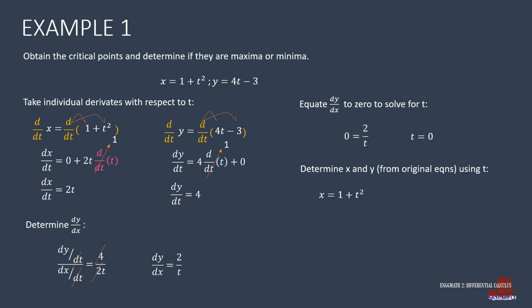So taking x as 1 plus t squared, where t is equal to 0, x is then equal to 1. With y as equated to 4t minus 3, t is 0, making 4 times 0 minus 3 simplified as negative 3. Thus, the critical point is at 1, negative 3.